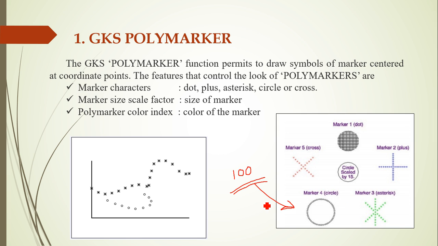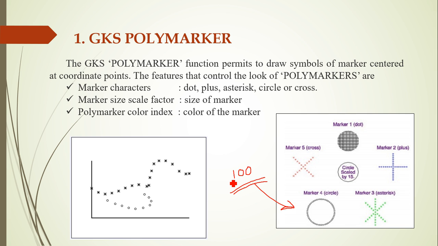When you select the circle marker using your mouse, GKS will convert that into a specific ASCII code, and if that code is 100, that code will be transferred to your application program by means of the language independent layer. And your application program will display that code as a circular marker. So that is what actually happens within the software.